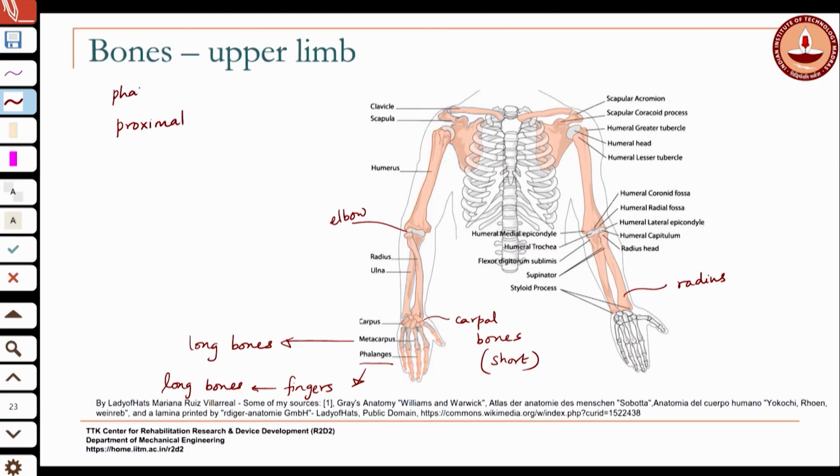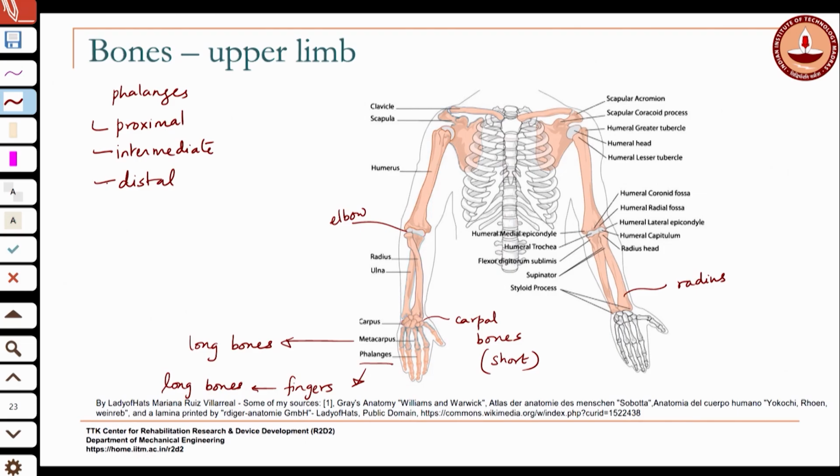For the phalanges, you have proximal, intermediate and distal. The ones in the middle are called the intermediate phalanges, not medial, because medial would mean it is closer to the midline.